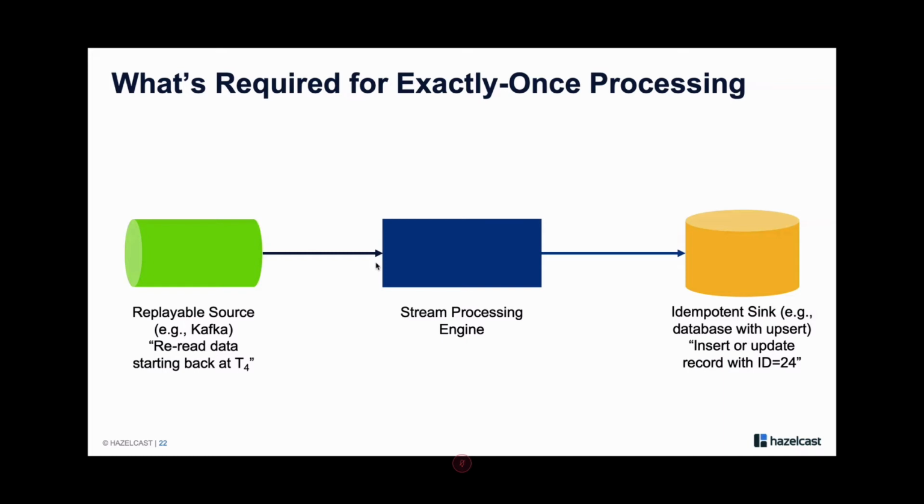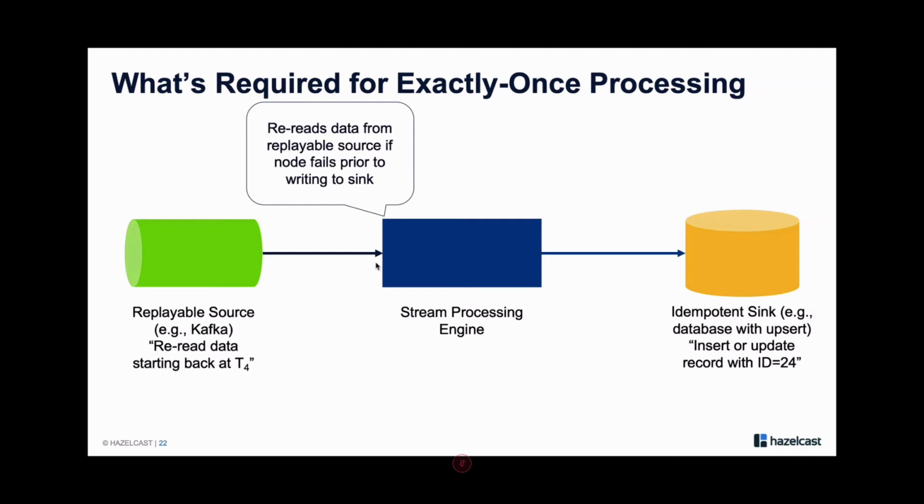And so, there's a lot of pieces that need to be included as part of this process to make sure it works. So in the past, Jet had the capabilities of handling exactly once processing, but it did rely on some requirements on the source side and the sink side. So there were some characteristics there. On the source side, it needed to be replayable, meaning that you could tell the system, I want to go back in time and look at earlier reads.